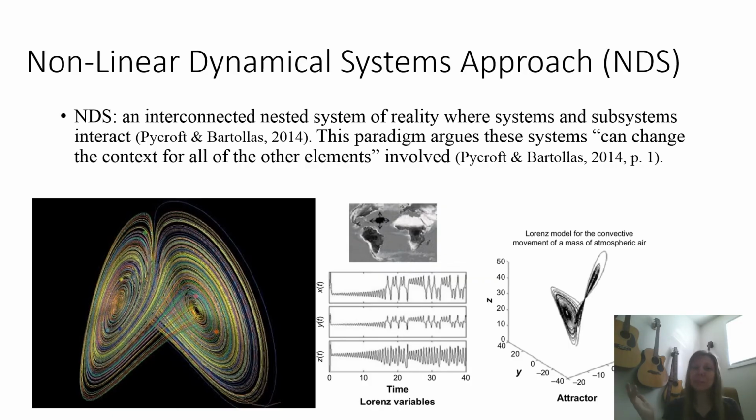Other types of systems theories include complex system theory, also known as nonlinear dynamical systems approach, which postulates an interconnected nested system of reality where system and subsystems interact. This paradigm argues that these systems can change the context for all other elements involved. This supports the idea of identity as fluid and dynamic and contextual, whereas each system and characteristic can change salience according to the situation.